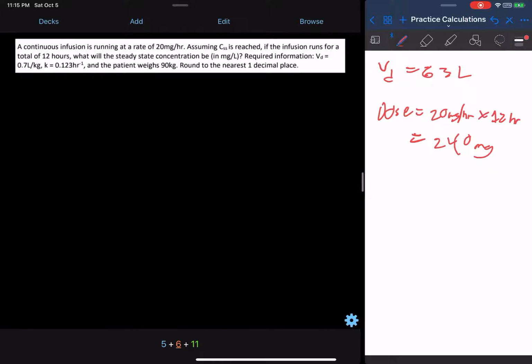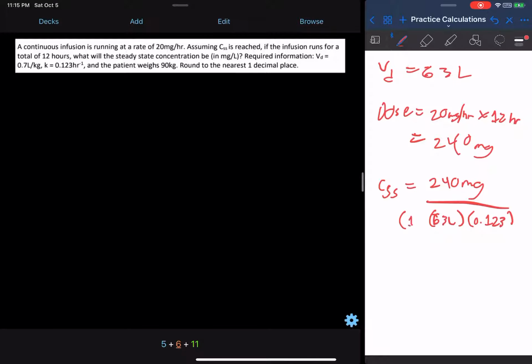Alright, so let's solve for Css. So we got the dose, 240 milligrams, all of this over our VD, so 63 liters. We got a K, we got 0.123, and the time.